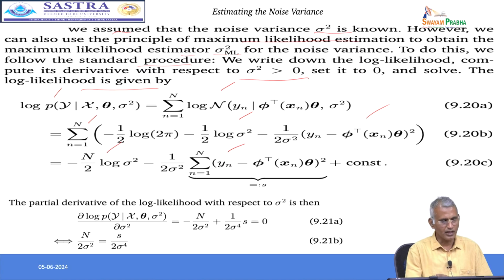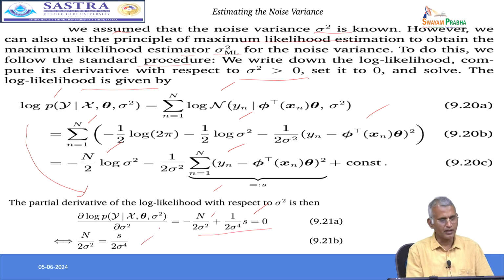So, the partial derivative of the log likelihood with respect to sigma square is dou by dou sigma square of log of p of y given x, theta, sigma square, which is minus N by 2 sigma square, and this one is plus s by 2 sigma power 4, and this becomes 0.